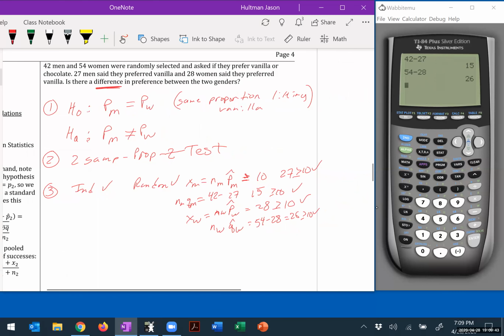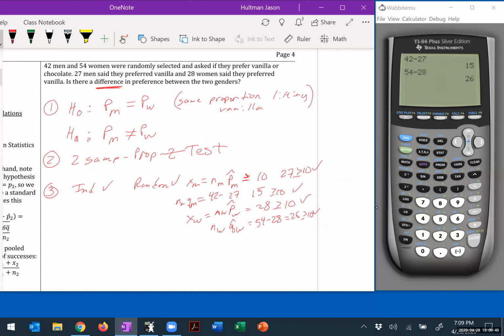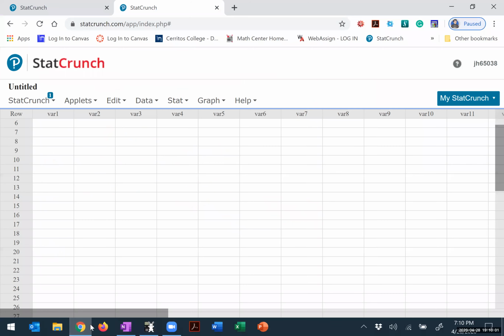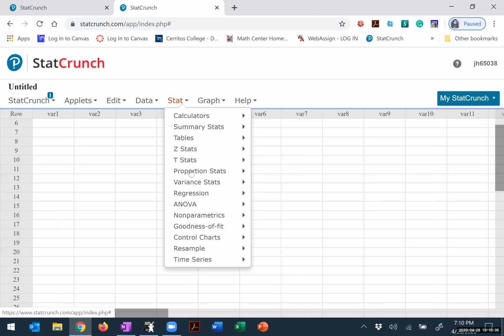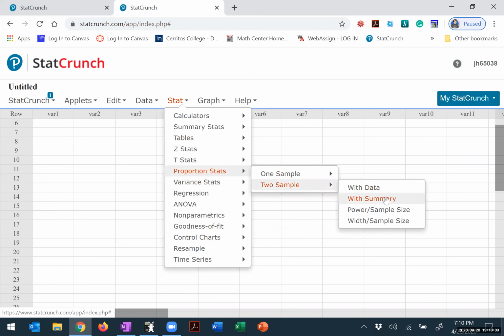Now we're going to use the calculator or StatCrunch to run the numbers. So maybe we'll go back to StatCrunch real quick and do the hypothesis test this time. So we're going to go Stat, Proportion, Two sample, With summary.